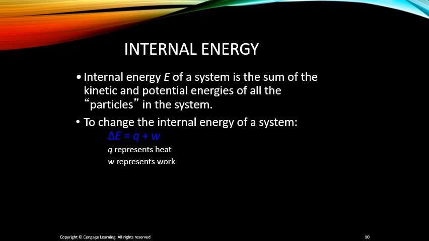The W represents work. When we're talking about work, it must be for gaseous systems. We'll talk about the equation we have for work and how that relates to delta E in just a moment. But it's very simple. You just take your amount of heat energy, add it to the amount of work that's done either on or by the system, and that will tell you what your delta E is for a particular process.